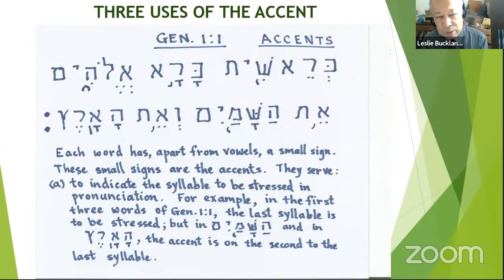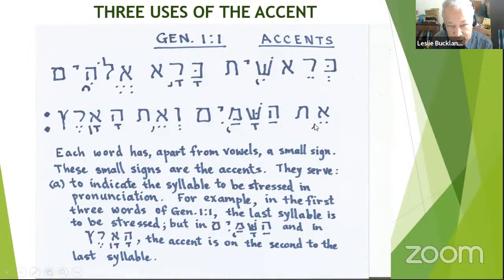The verb is bara, and eith is indicating that the word that comes after it, hashemayim, is a direct object of bara. But notice that eith itself has a mark underneath it.